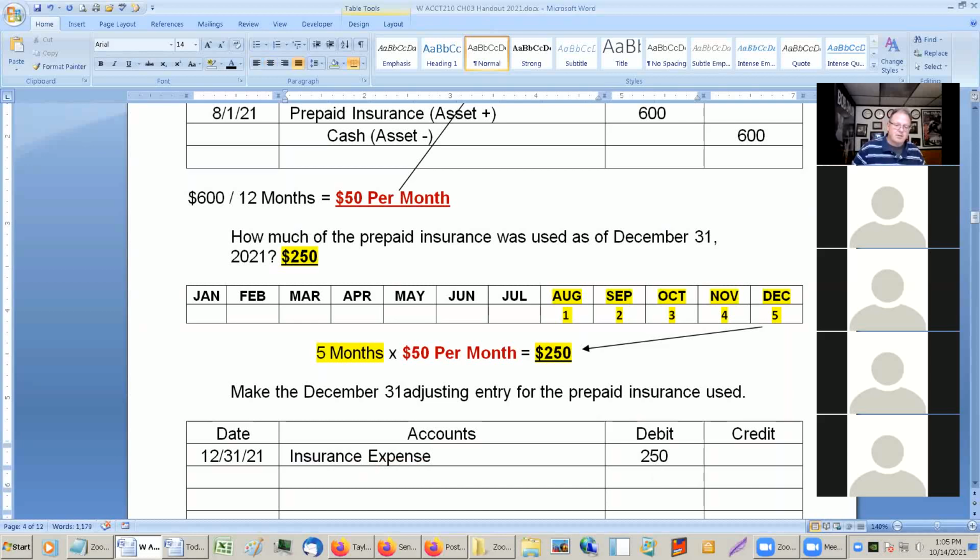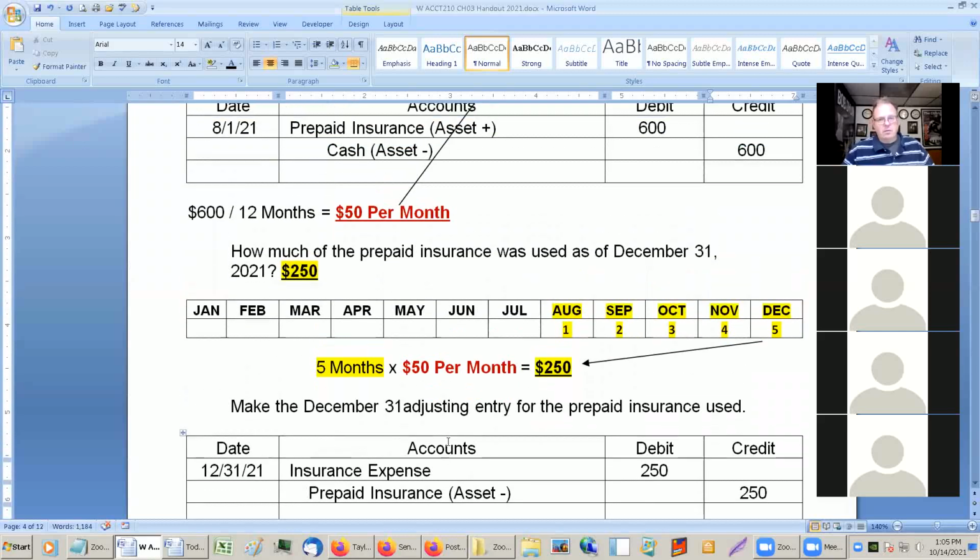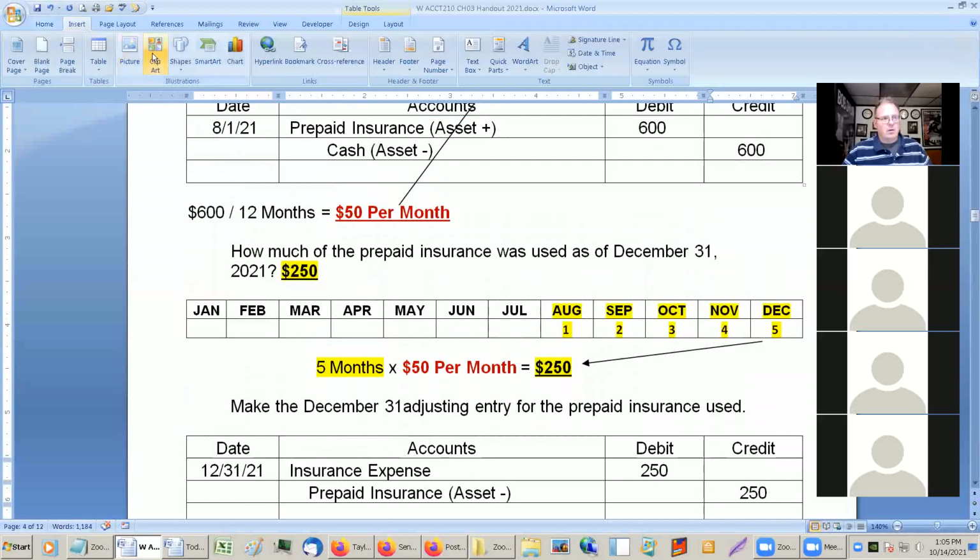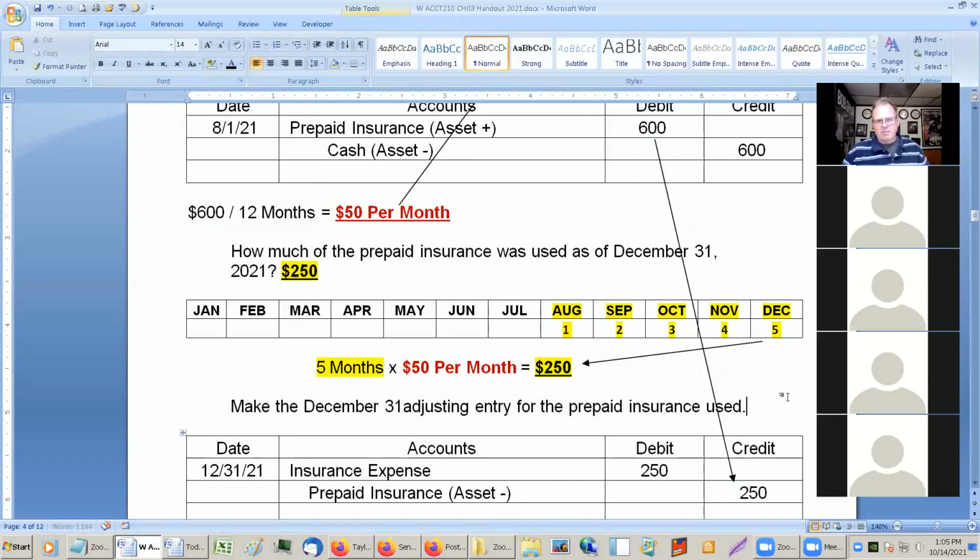And then this will be, and this is an asset going down. So we're reducing this account by 250.